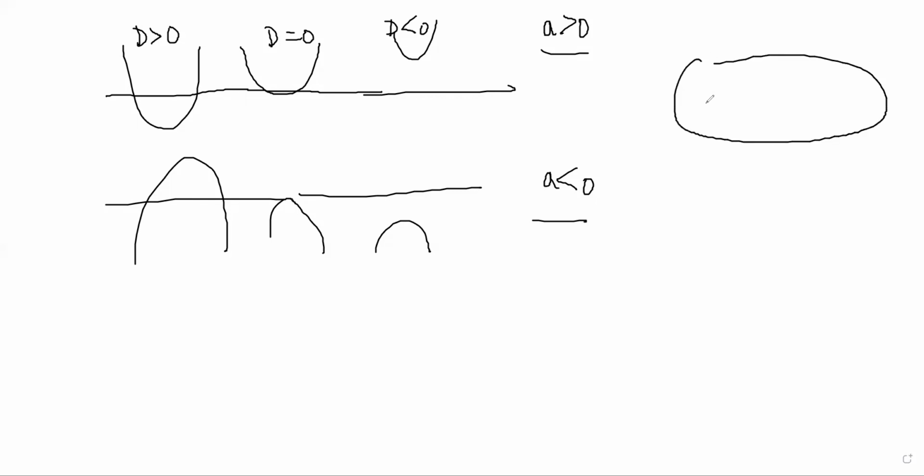You should understand the conditions: a greater than 0 for this set of graphs and a less than 0 for this set of graphs, and obviously D greater than 0, D equal to 0, D less than 0. Once you know this, any quadratic inequality question will be easy, because you can think of what has to happen on that quadratic and which condition has to be satisfied.